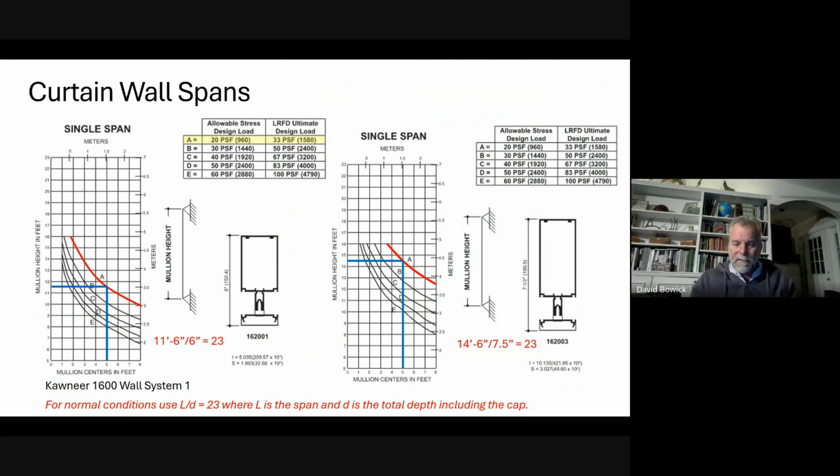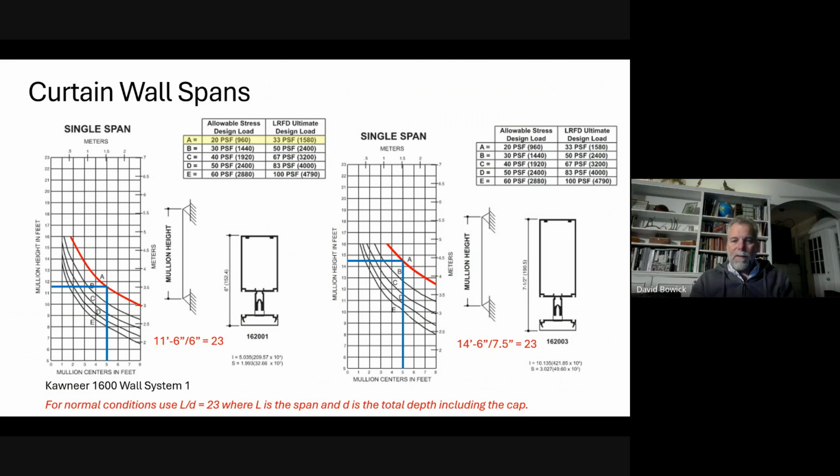We've determined architecturally that we have mullions every 5 feet. So we trace up the 5 foot column until we hit our curve A, which is 20 pounds a square foot. Then we migrate to the left, and you can see that our maximum span is 11 foot 6 for a 6-inch channel.